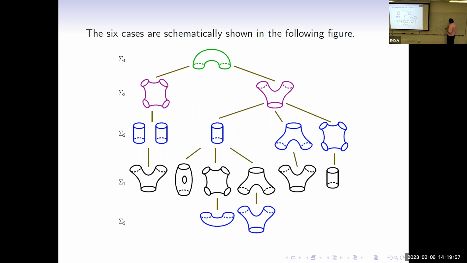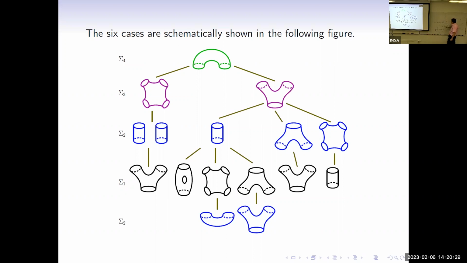In this case we have here an annulus, then here is a pair of pants. It has to be something like this one, or something like that, and then another pair of pants, another pair of pants.